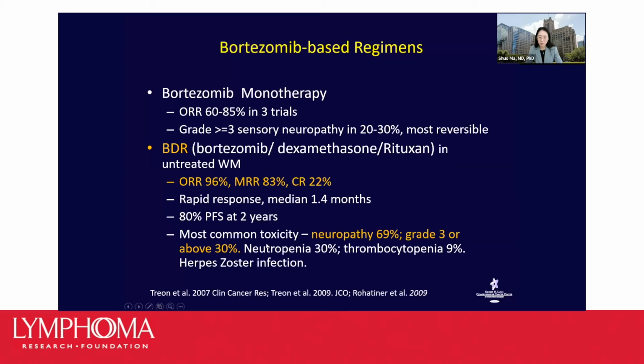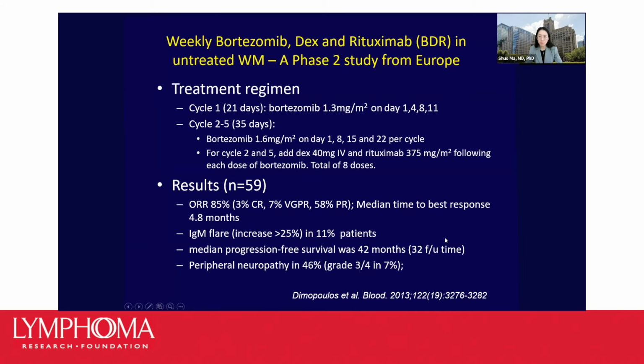But the main problem with this regimen is the neuropathy, because bortezomib does have a risk of inducing treatment-related peripheral neuropathy. And since Waldenström patients are more prone to having neuropathy, the rate of neuropathy is actually quite high with this regimen. So there have been some modifications of this regimen, using once-a-week dosing of bortezomib instead of twice-a-week dosing, and also using a lower dose.